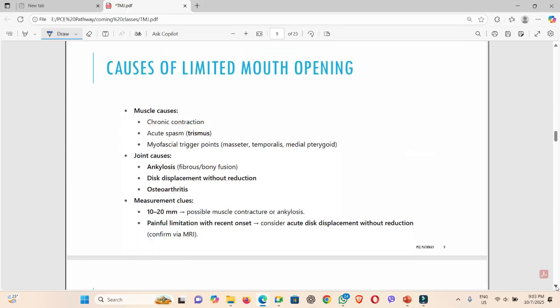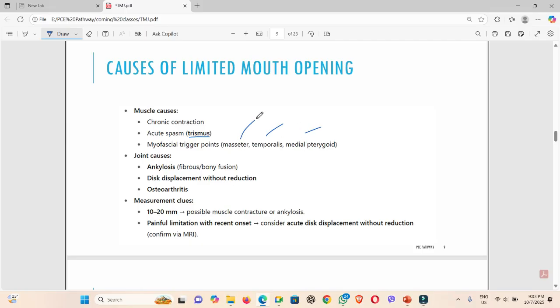Now, what are the causes of limited mouth opening? The muscles could be tight, or there could be a problem in a joint or elsewhere. Muscle causes: chronic contraction, acute spasm, trismus, and myofascial trigger points in the masseter, temporalis or medial pterygoid.